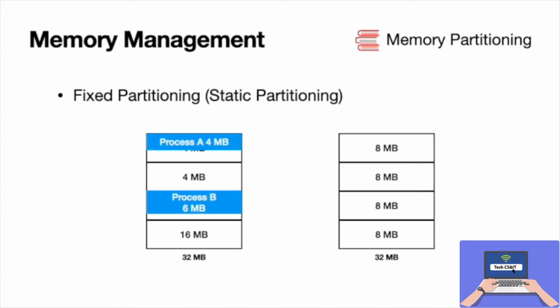While on the other hand, we have a process of 4 MB. It can be accommodated in 8 MB as well, but process B is larger than the partition size, while a 16 MB one can be addressed in a smaller portion size, which is one of the drawbacks of using such partitioning.